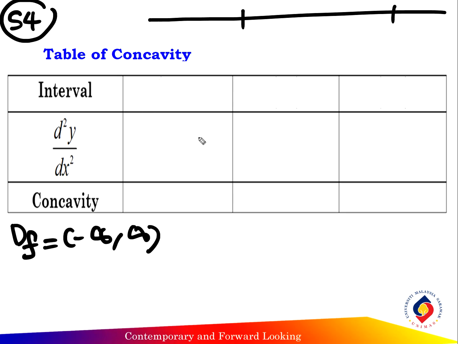Okay, so first here you check the domain of the quartic function, the domain of the quartic function, all the real numbers, negative to positive infinity, and you check the inflection points. The first value of x here equals 0.816.